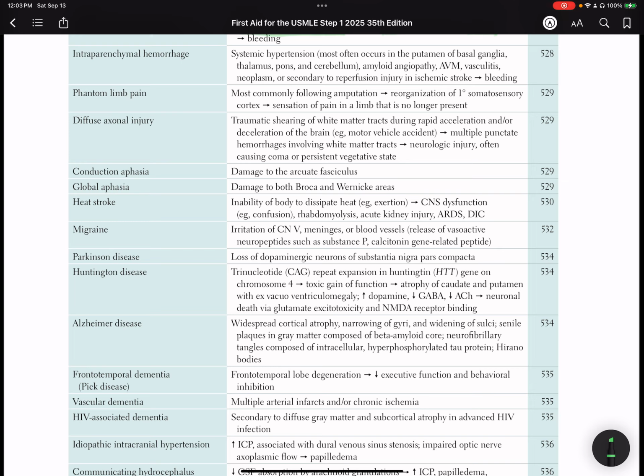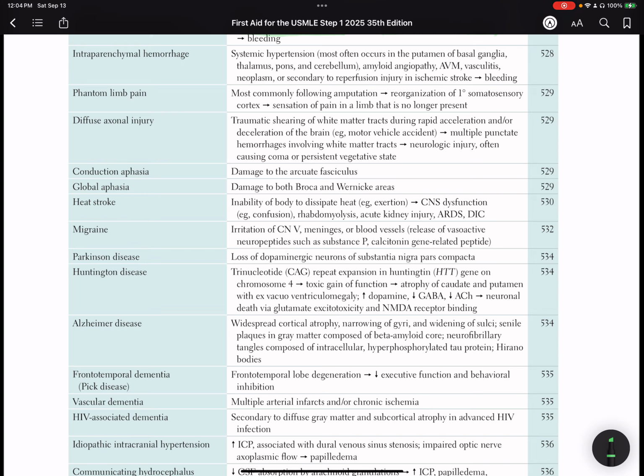Intraparenchymal hemorrhage is caused by systemic hypertension, most often occurring in the putamen of the basal ganglia, and thalamus, pons, cerebellum, amyloid angiopathy, AVM, vasculitis, neoplasm, or secondary to reperfusion injury in ischemic stroke leading to bleeding.